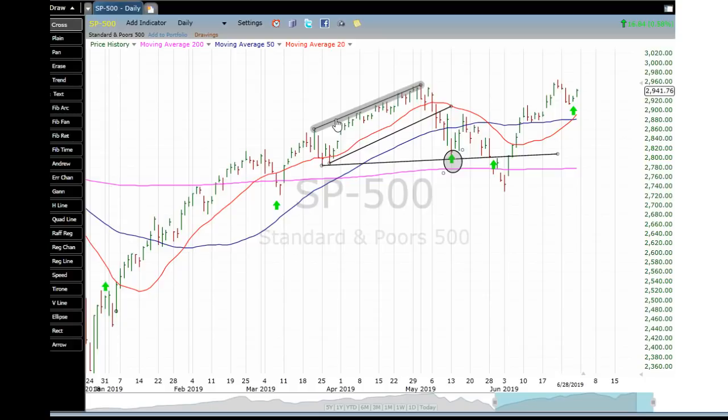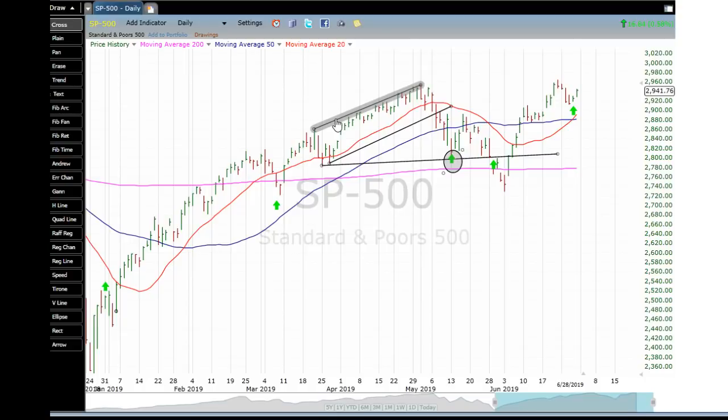So I created the concept of the 3-day chart and the 3-week chart to define primary and secondary trends and to define turning points.